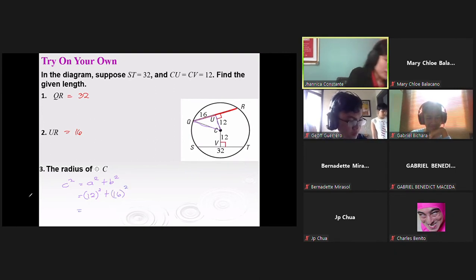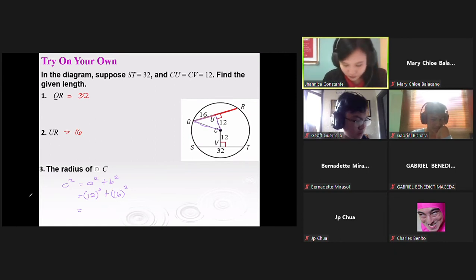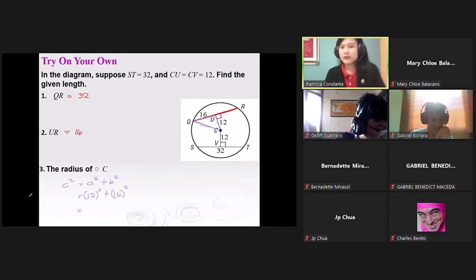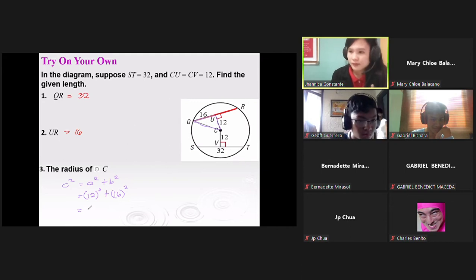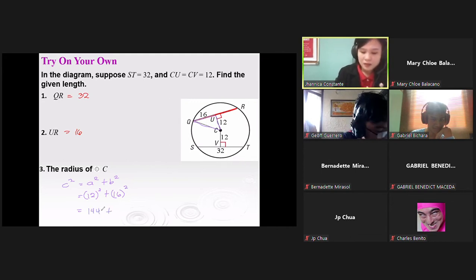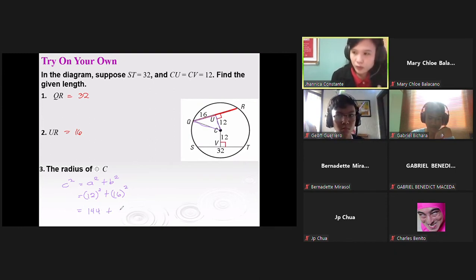So 12 squared is equal to 144, plus 16 squared, which is equal to 256. So 144 plus 256 is equal to 400.